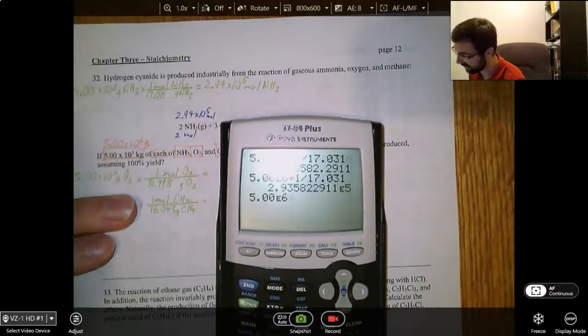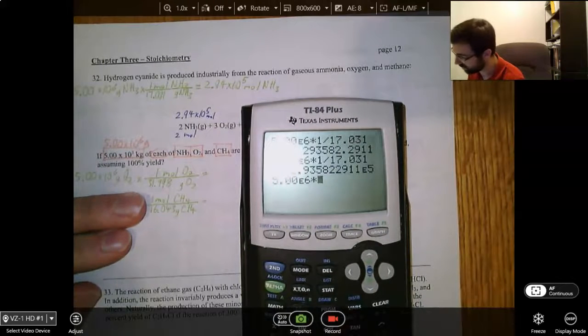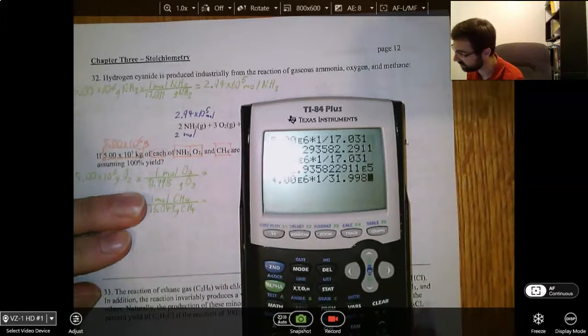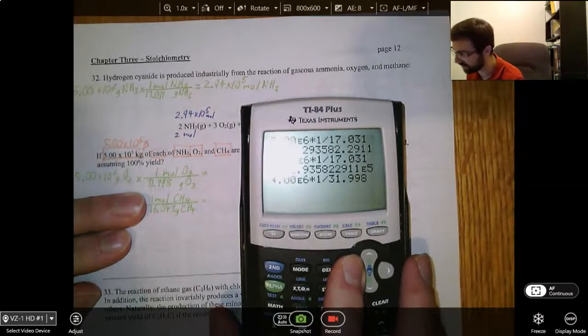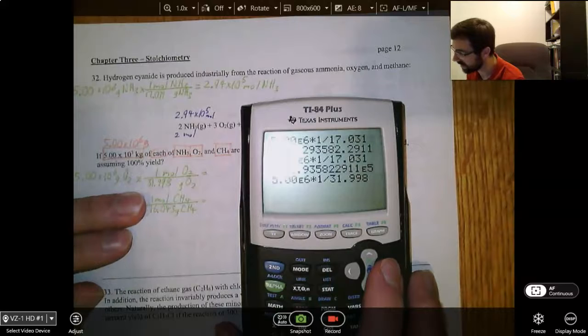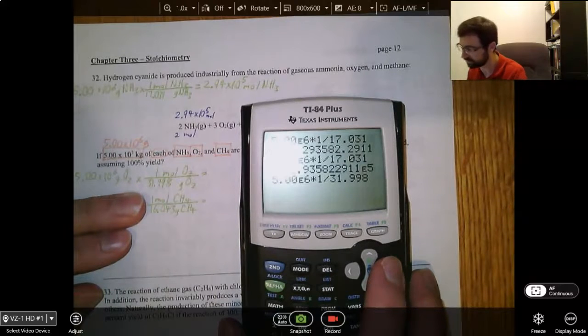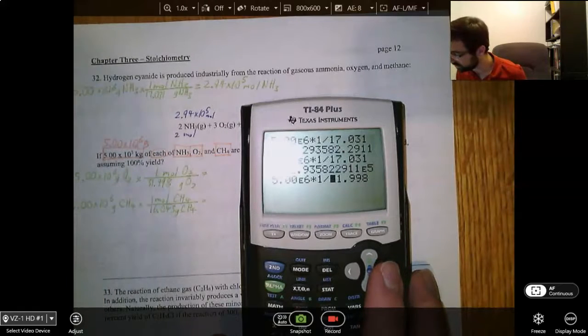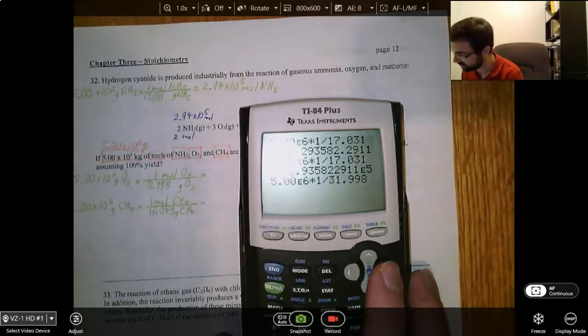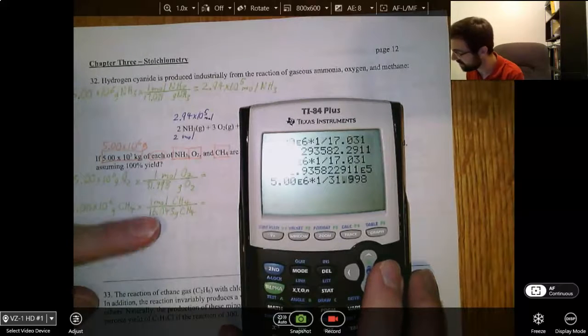Doing oxygen now. 5 times 10 to the 6th times 1 over 31.998. See if I mistyped. I made a video earlier and I didn't check my typing. Excuse that phone call.